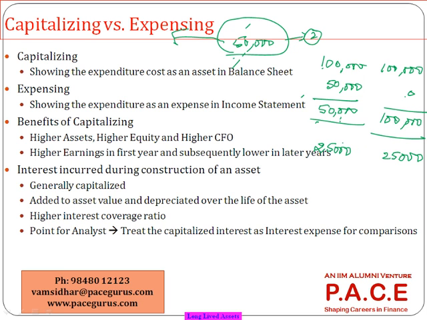This is the depreciation part. So your profit in the first year becomes 75,000, because instead of 50,000 as expense, you are putting only 25,000. And in the second year also, your profit is 75,000.